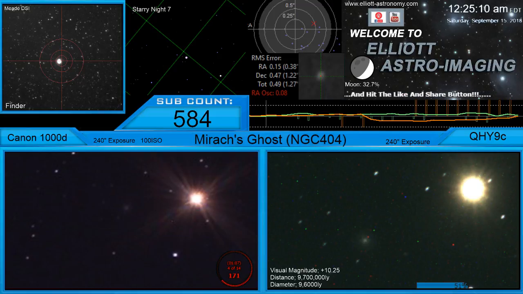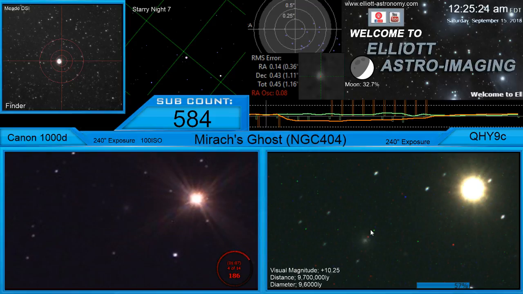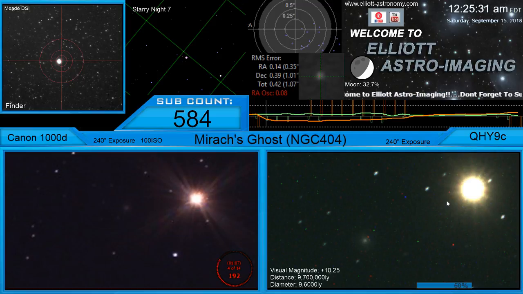And Amanda, since you were just coming in, what I'm getting right now is Mirach's Ghost, it's called. It's NGC 404. On the QHY screen you can see it right here, this little speck. That's Mirach's Ghost. It's off the star Mirach, this bright star there.